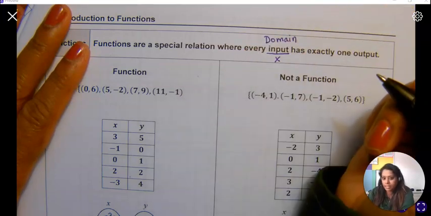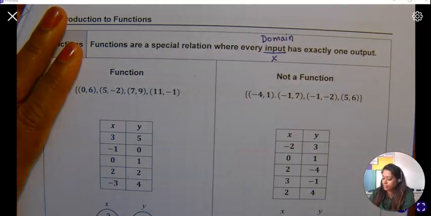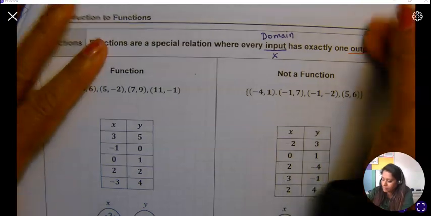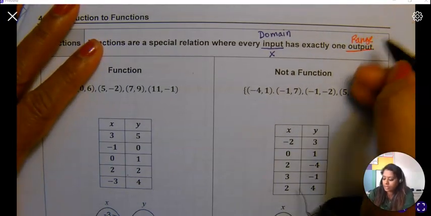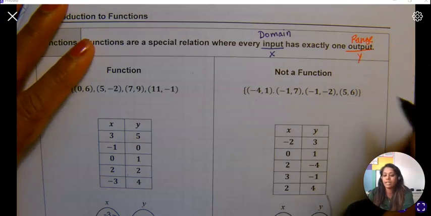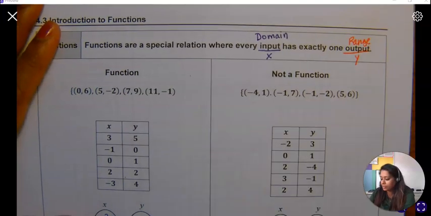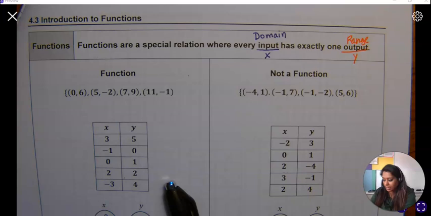And when we're thinking about output, we're looking at the range, the y values. So every x value has its own y value. In other words, you can think about this as x not repeating.